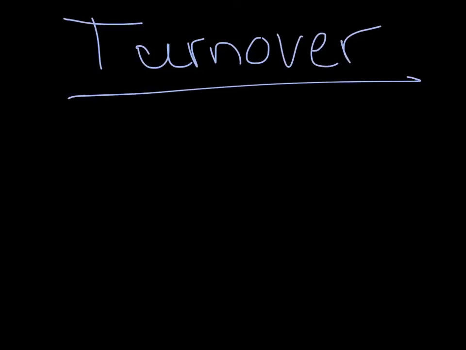And the next part is about lake turnover. So the way lake turnover works is that the temperature in the lake is going to change, and it's going to be different at different levels, and it's going to be different during different seasons. I want you to take a look at this picture here.